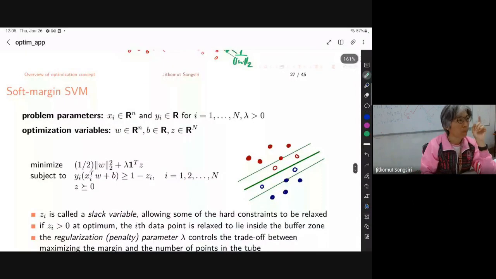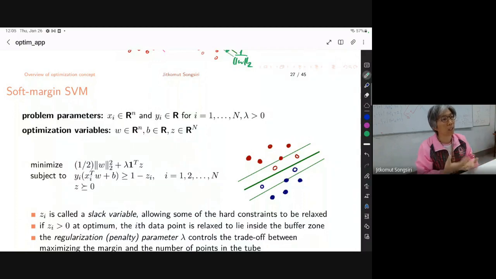Soft margin SVM. Now it just modifies the meaning of the optimal sense of your SVM classifier. A lot of times data cannot be separable, which means if you solve only the feasibility problem, it returns that the problem is infeasible. I cannot find any hyperplane that completely separates. Soft margin SVM basically means that you allow misclassified points.